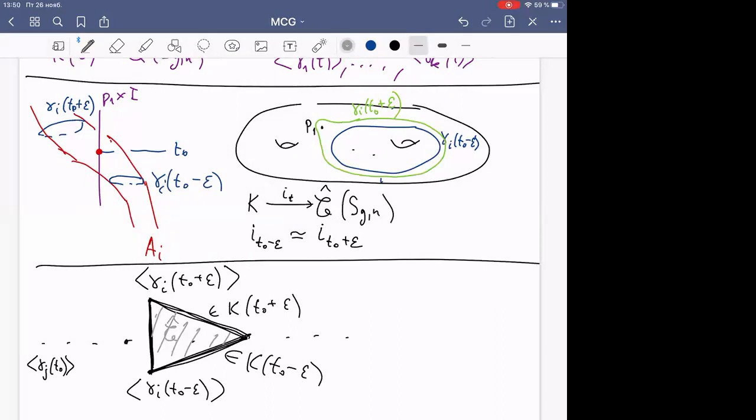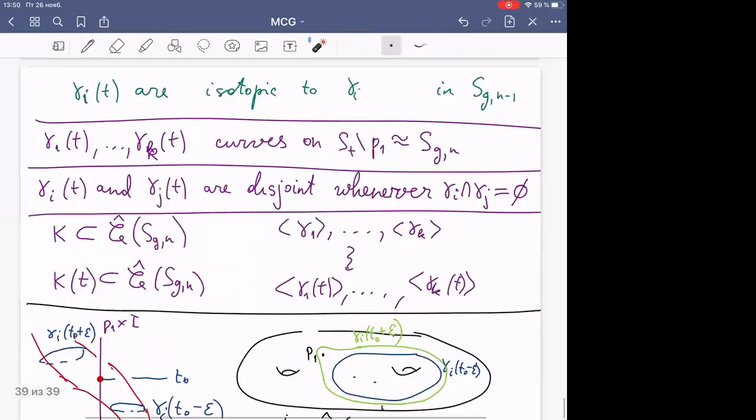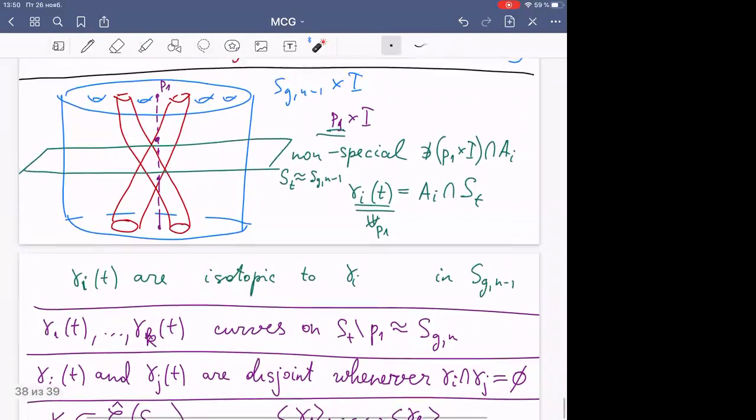So we can easily deform this subcomplex to that, just moving this vertex linearly and preserving all other vertices.